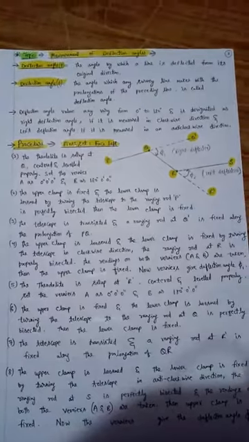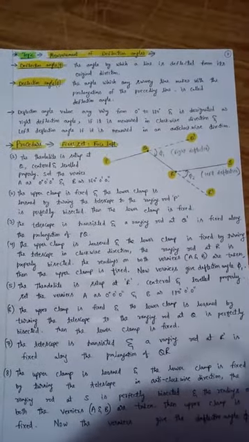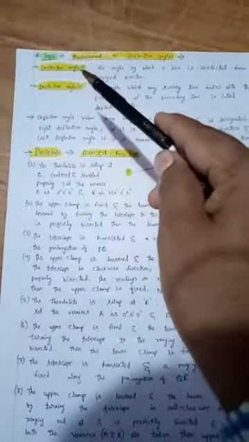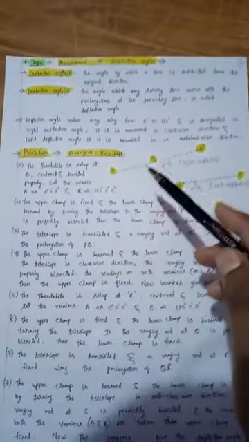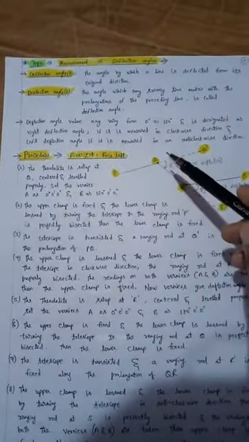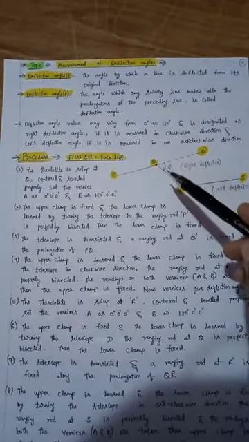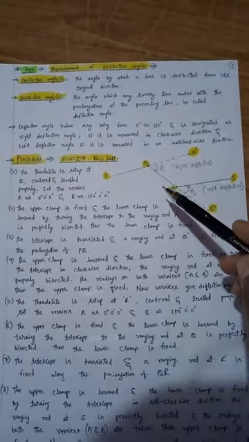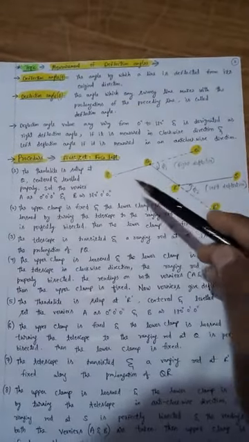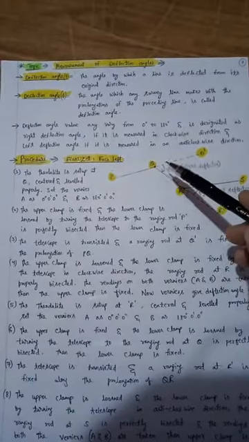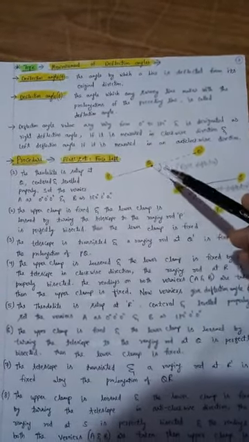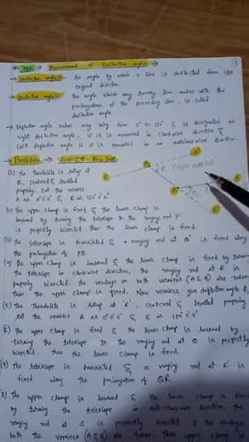Now we will learn about measurement of deflection angle. First of all, the definition of deflection angle. See here, a line is deflected from the original direction. The angle formed is known as the deflection angle. So this is the line, deflected from the original direction, and the angle formed is known as the deflection angle.